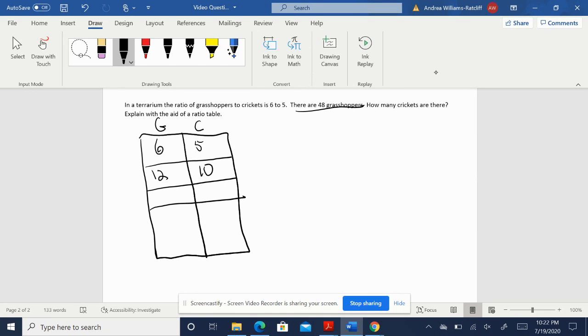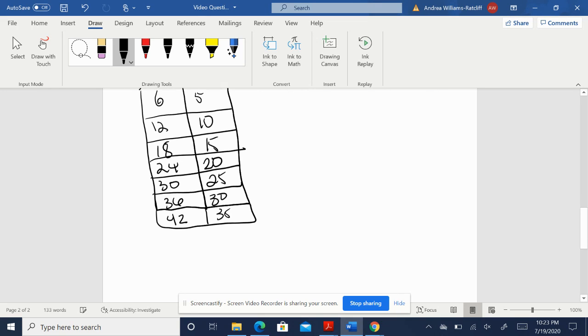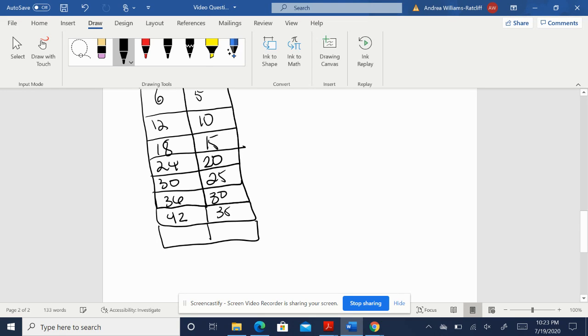Okay, here's what I mean by that. Now if we do that, does this 48 to 40 simplify to a 6-5?